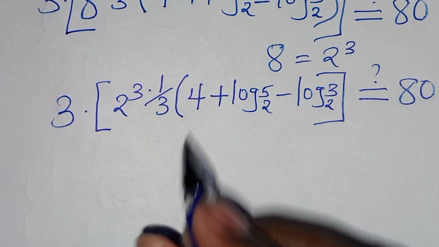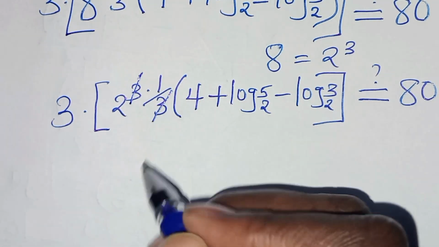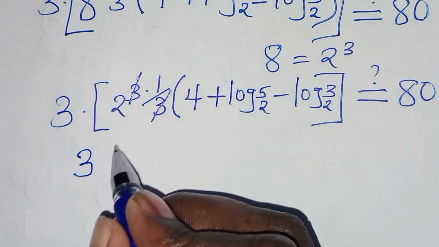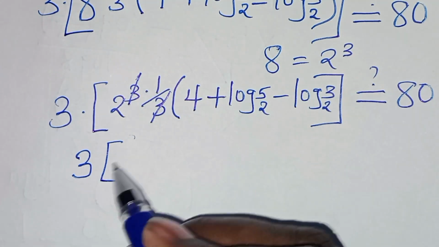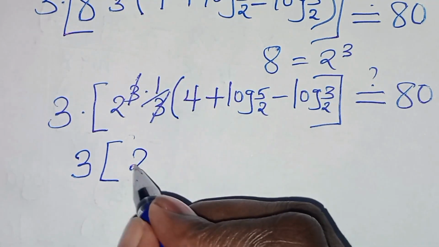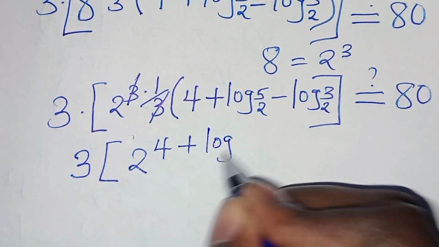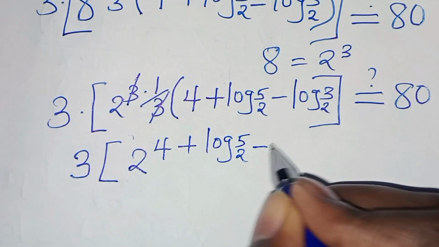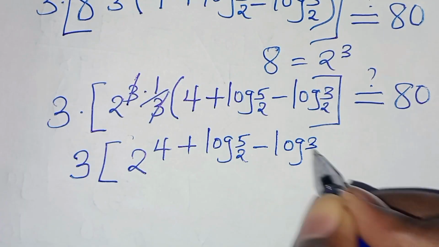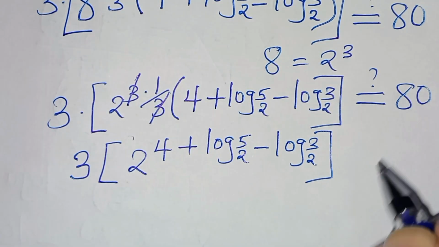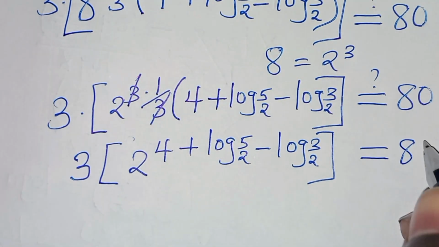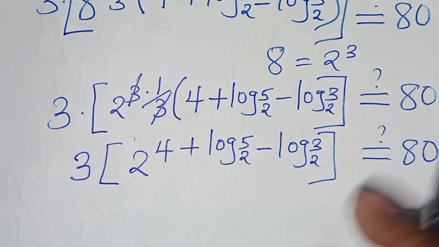The next step from here, we simplify 3 and 3, so that now we have 3 into the brackets here: 2 to the power of 4 plus log 5 to base 2, subtract log 3 to base 2, close the brackets. This is supposed to give us a value of 80.